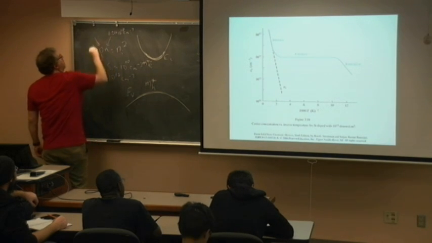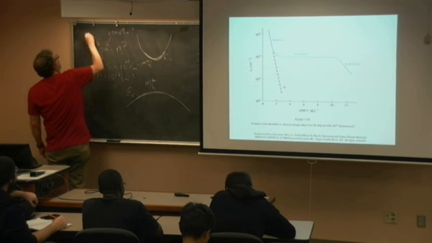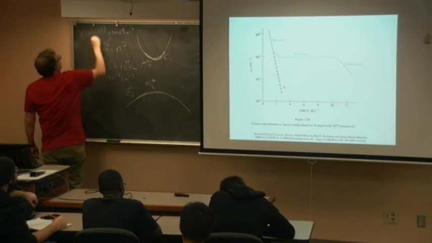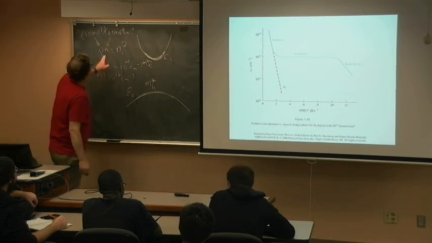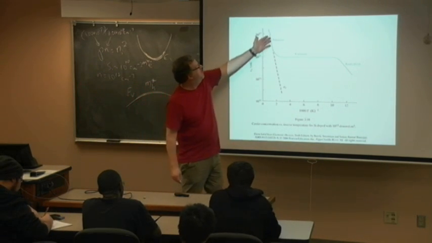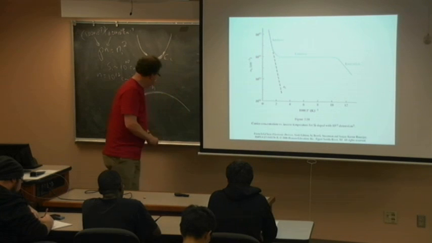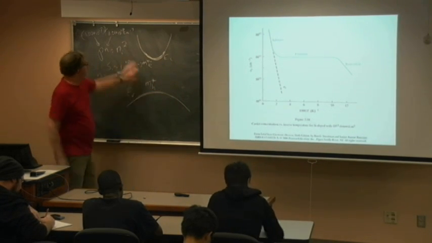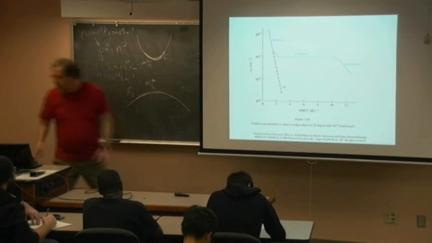And this is 1.00 times 10 to the 17. Okay. So I've perturbed it. It's moving to intrinsic. Of course, my intrinsic carrier concentration has changed too because it's hot. Remember, that also goes up with temperature.